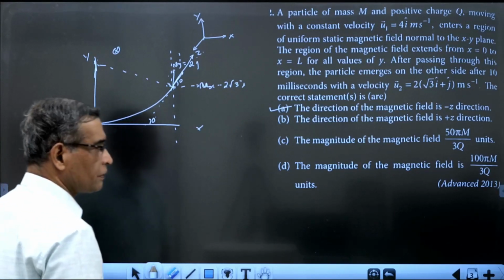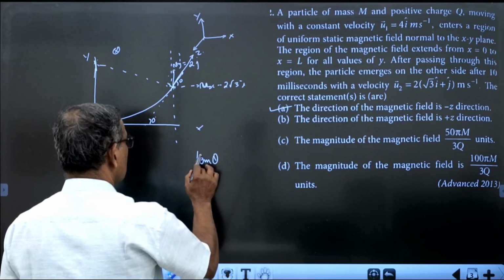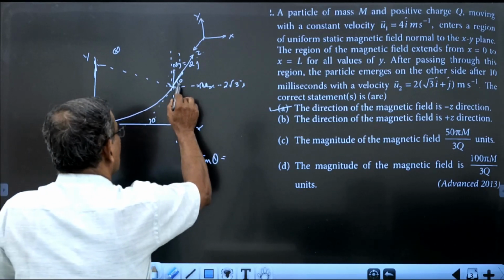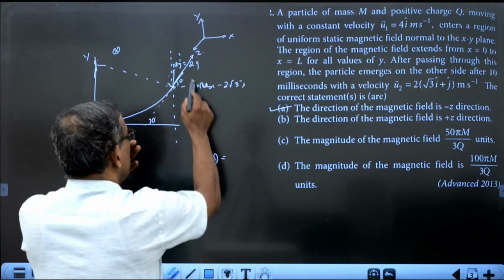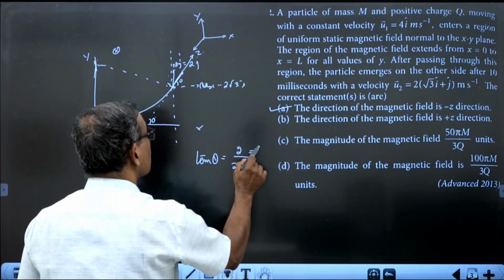Then what is tan theta? Tan theta is the y component by the x component of velocity, that is equal to 2 by 2 root 3, so 1 by root 3.